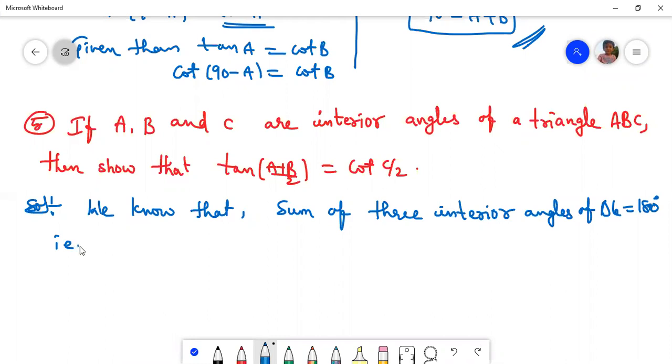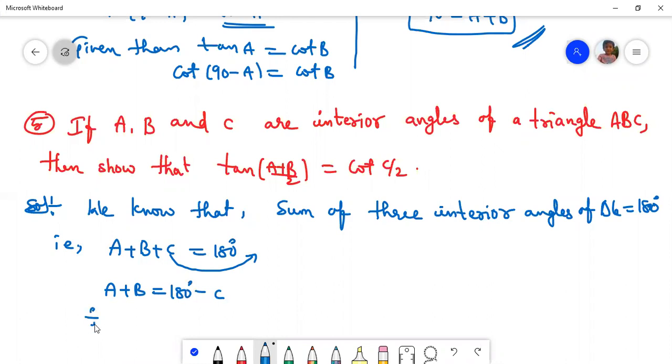That is, A, B, C are the interior angles, so we can write the sum of the three angles should be 180 degrees. In this, C is taking to the right side, then A plus B is equal to 180 degrees minus C.